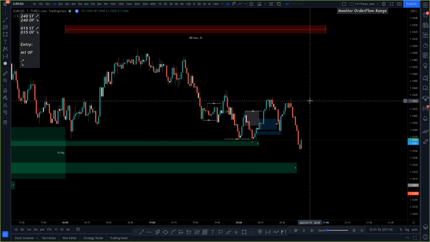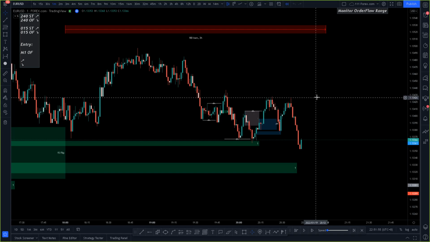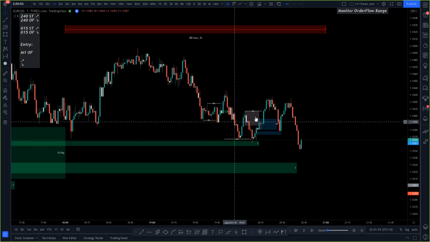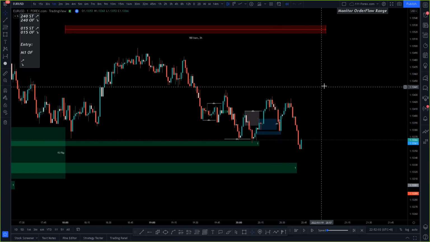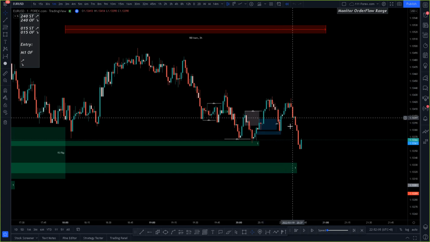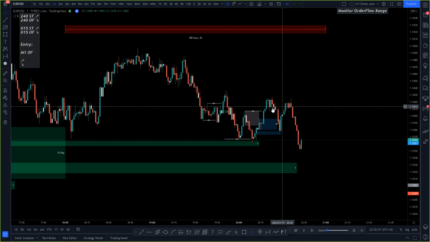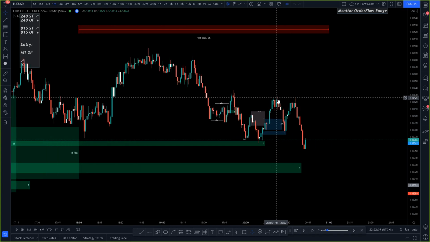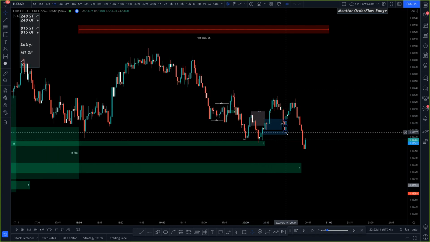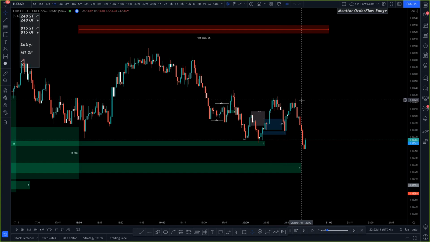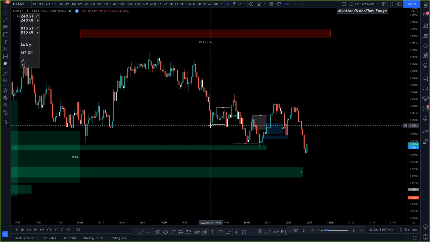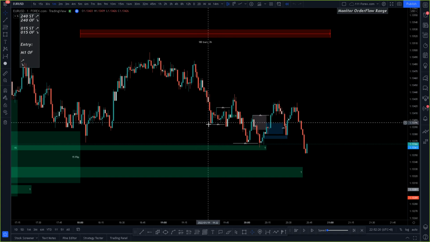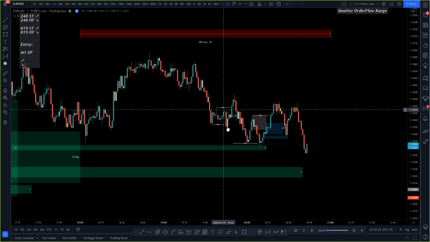Let me take a look. I mean at this break of structure. Yeah, follow the ranges till the higher time frame level has been reached, but no, it's just a continuation of the sell order flow.